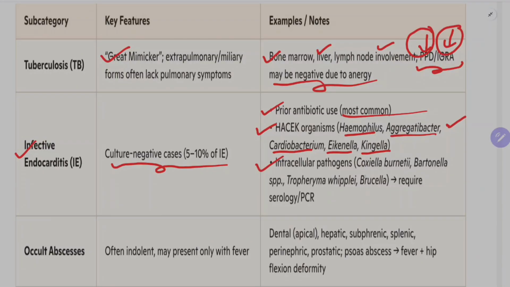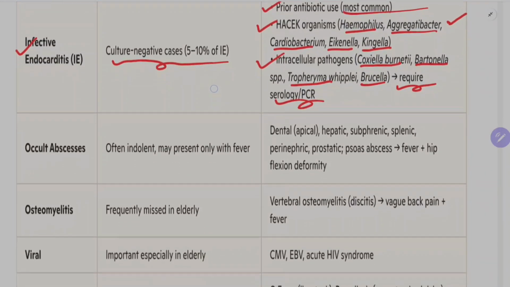Intracellular pathogens cannot be grown in culture, like Coxiella burnetii, Bartonella species, Tropheryma whipplei, and brucellosis. They require serology or PCR. That's about culture negative infective endocarditis.